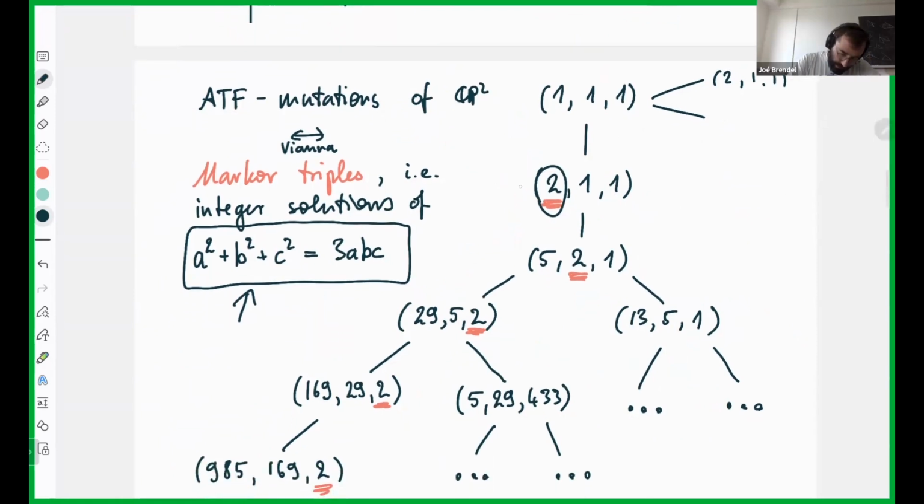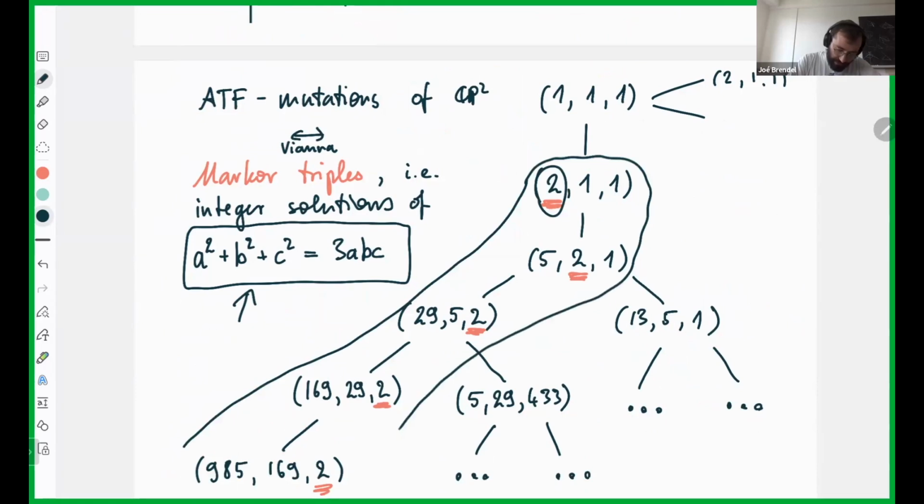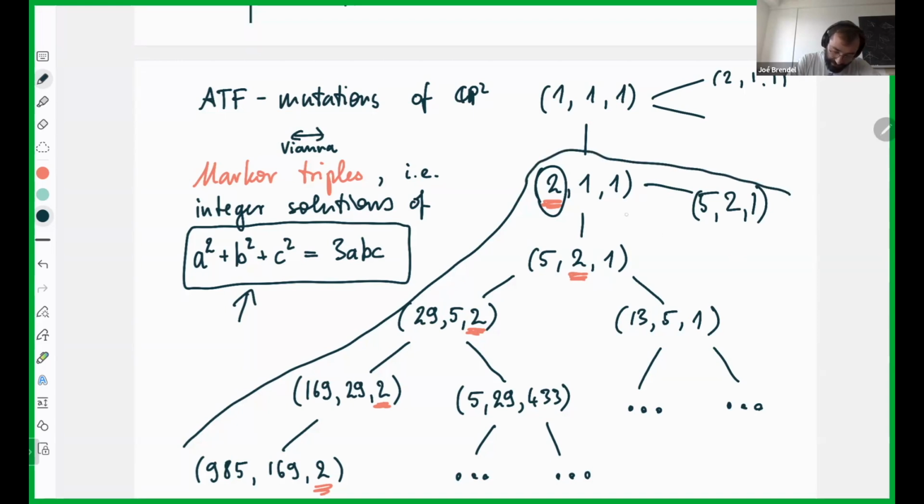And here I've only drawn one of the 2 legs of this lambda shape, because the second one is actually the same. Its second leg would be here, but it gives exactly the same values as the first one.